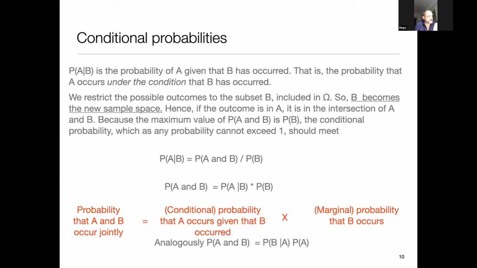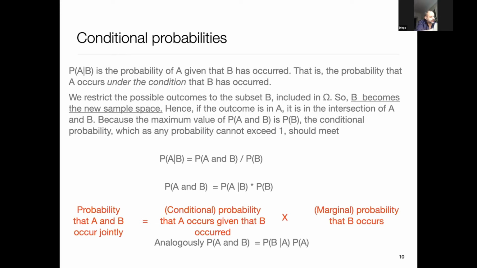The conditional probability is written in this way here on top left: the probability P of event A given that B has occurred.